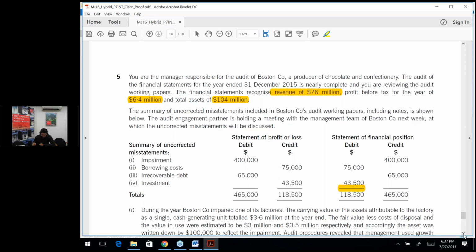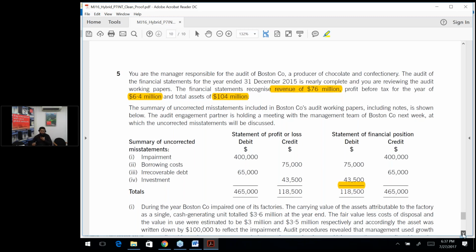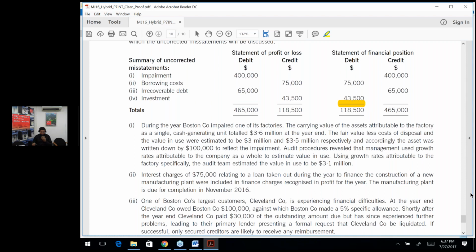So let's have a quick discussion about the uncorrected misstatements. Number one of them is the impairment, which says the profit and loss has to be debited and the balance sheet has to be credited. During the year, Boston Company impaired one of its factories. The carrying value of the assets attributable to all the factories as a single CGU total 3.6 at year end.